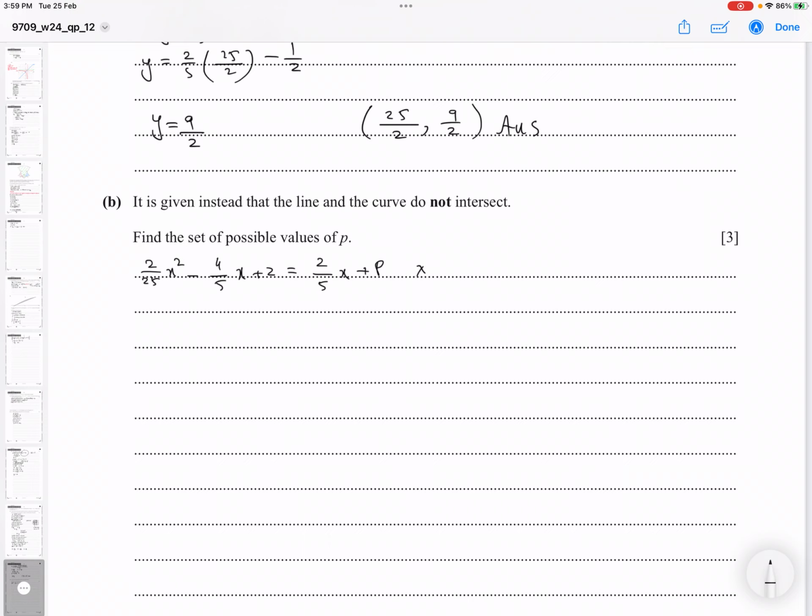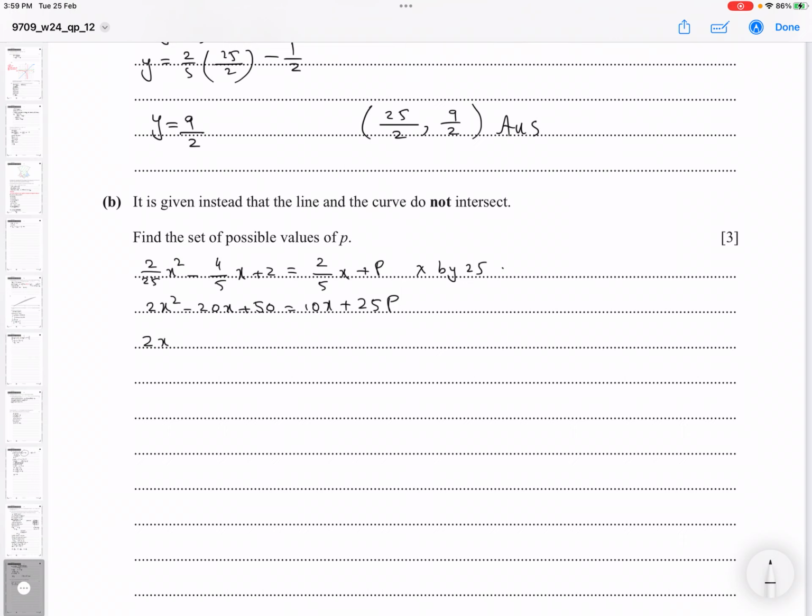Now multiply by 25 to get rid of this fraction. So it will become 2x squared minus 20x plus 50 is equal to 10x plus 25p.